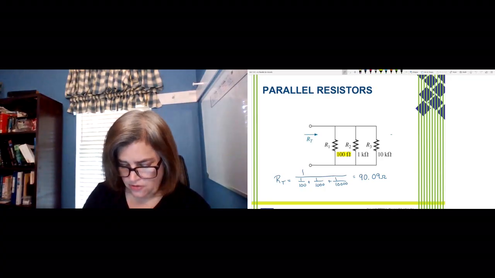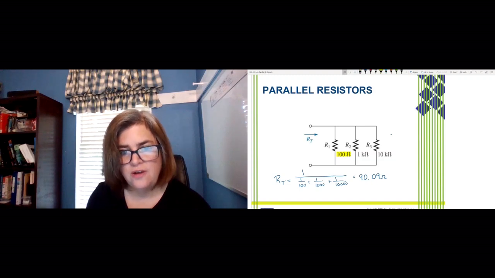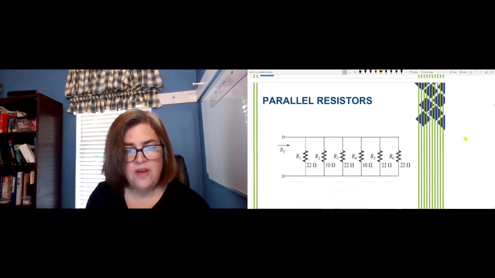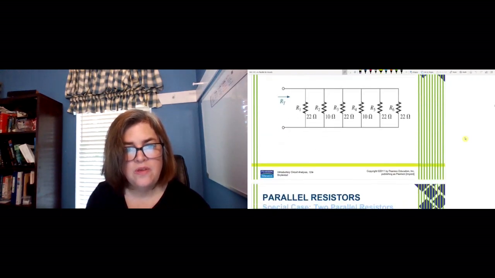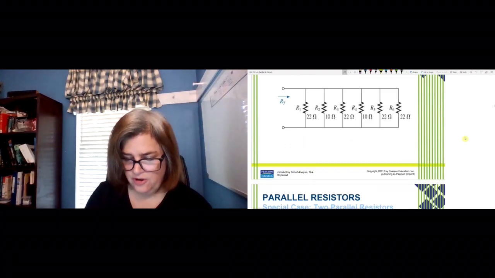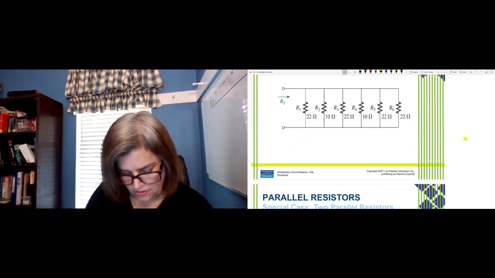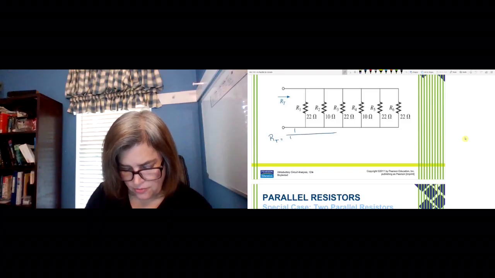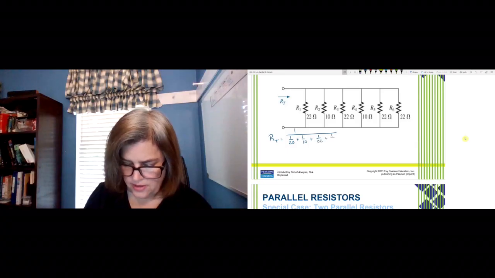Okay, so let's do a slightly larger one now, we've got, let's see, 6 resistors here. So we could use this same equation, 1 over, and then we've got 22, 10, 22, 10, 22, and 22.